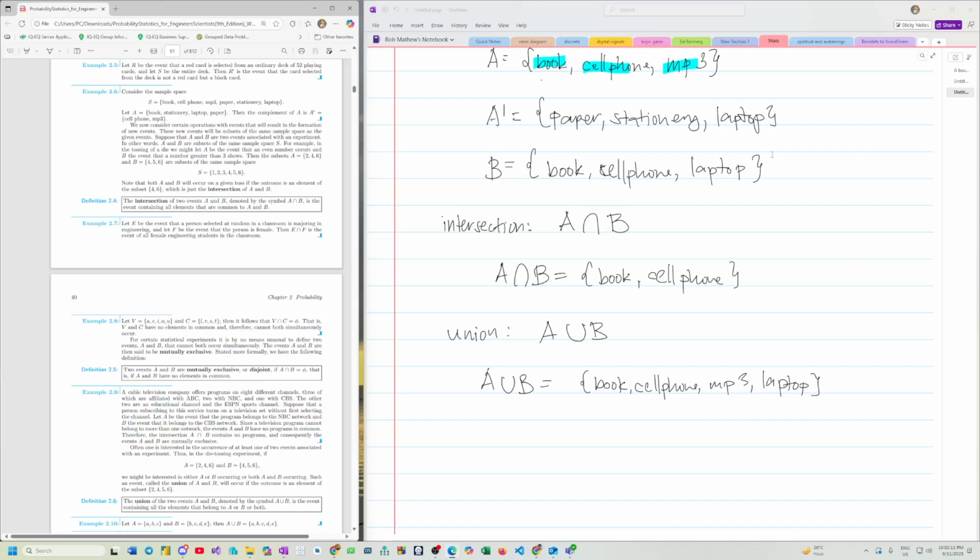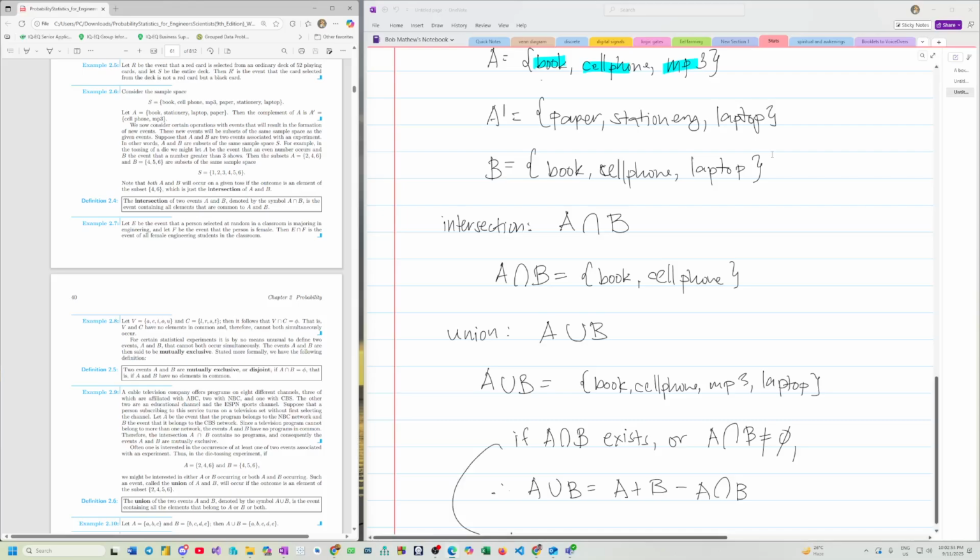Now, there is a rule in this operation: if A union B exists, or A union B is not empty, therefore A union B is equal to A plus B minus A intersection B. In other words, A and B are not disjoint.